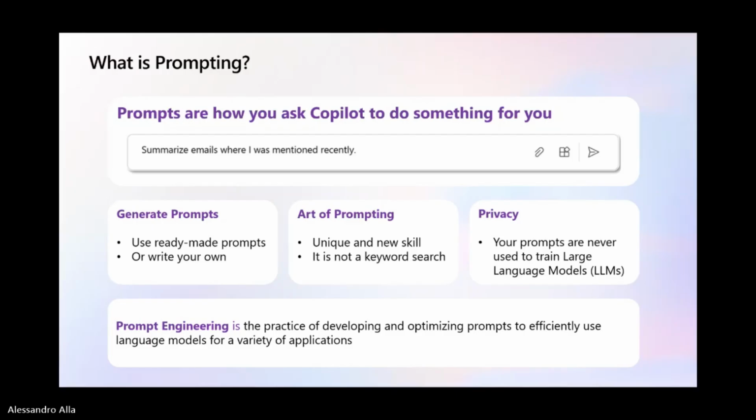Privacy is a fundamental aspect and your prompts are not used to train a large language model, ensuring your data remain confidential. Finally, prompt engineering is a critical skill that involves refining and optimizing prompts to maximize the effectiveness of the language model in various applications, improving your overall experience with Copilot.